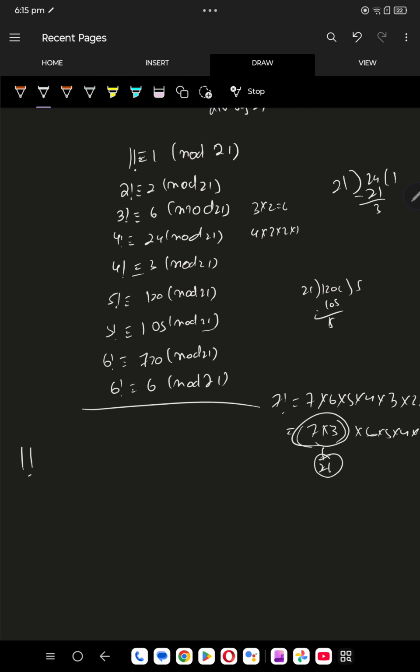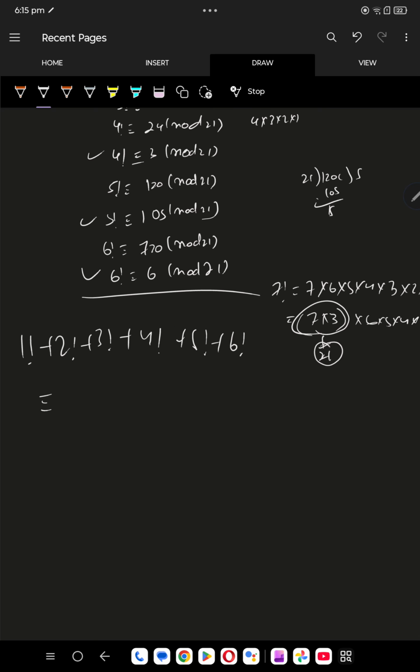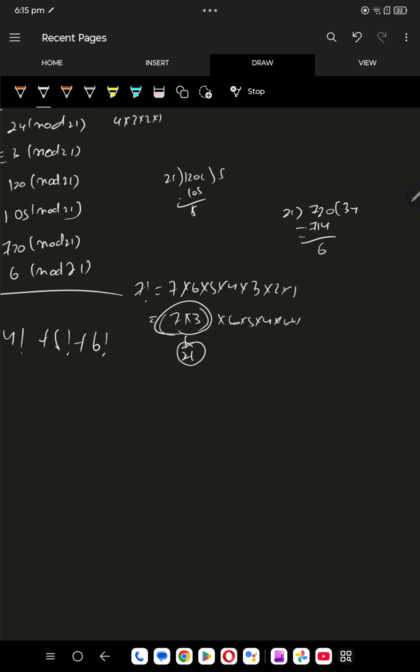So 1 factorial plus 2 factorial plus 3 factorial plus 4 factorial plus 5 factorial plus 6 factorial is congruent to, what is it going to be? You have to count. So 1 plus 2 plus 6 plus 3 plus 105 plus 6. 123, are we getting? Have we made some mistake? Oh yes, we have made some mistake.